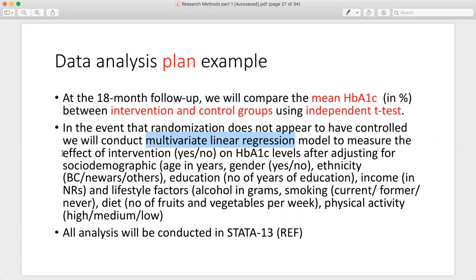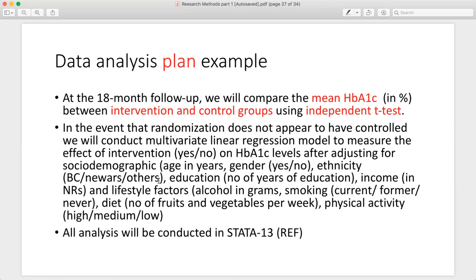So for example, here we were saying intervention, yes or no, HbA1c level after adjusting for socio-demographic variables: age will be in years, gender will be male or female or others, ethnicity will be Brahmin, Kshatriya, Newar or others. So you want to make sure that you specify in which form your variables are going in the model.